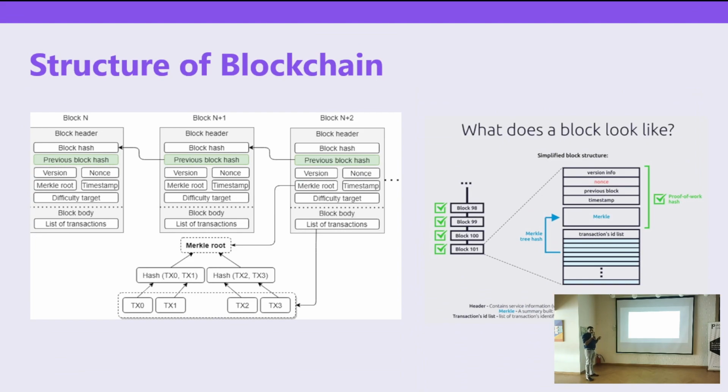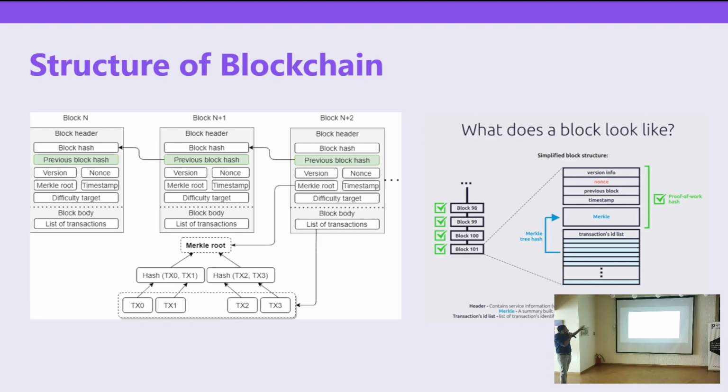Each block in a blockchain, I'm not sure the image is clearly visible, looks pretty much like this. If you look closely, you have a block header and then you have a block body where the data is stored.